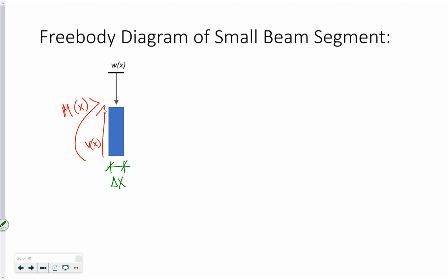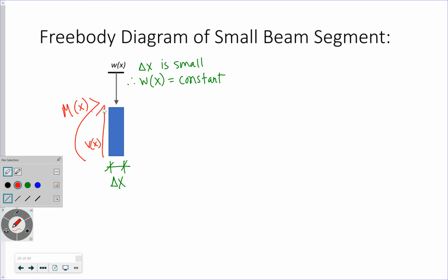And delta x is so small that the applied distributed load is constant over that width. Okay, so on the left side, I have a shear with the value V of x and a moment with the value M of x.